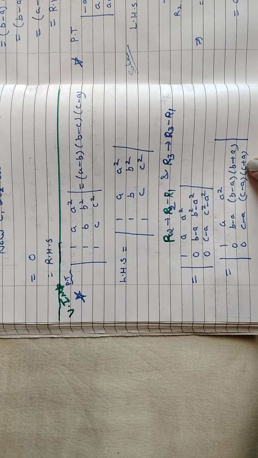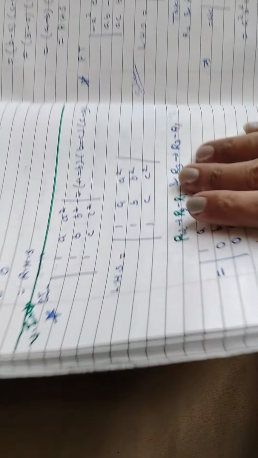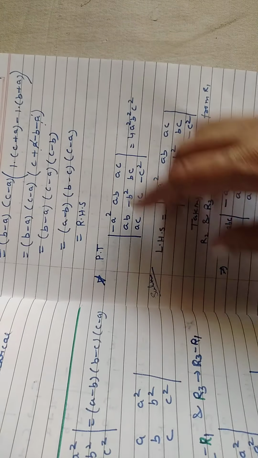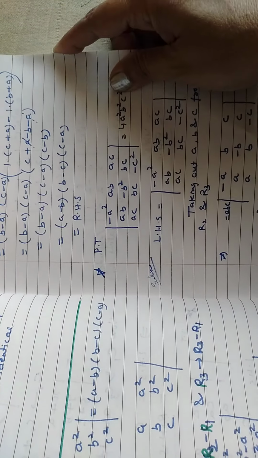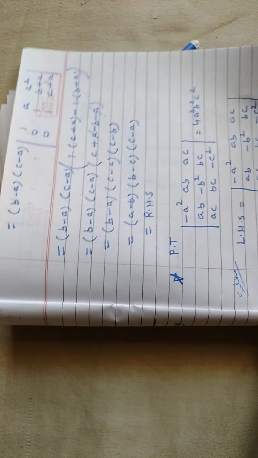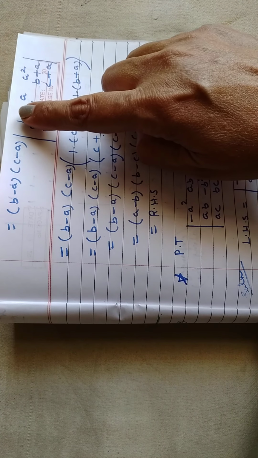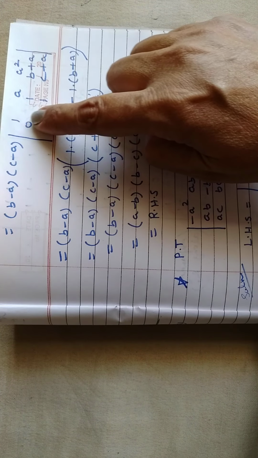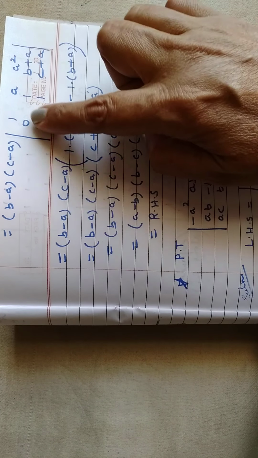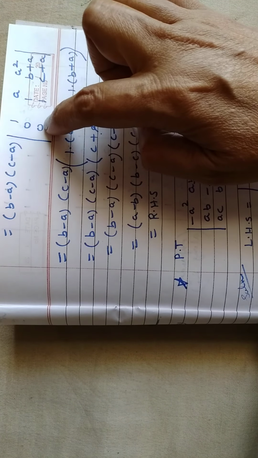Now see in R2 b minus a you may take out. Similarly from R3 you may take c minus a out. So taking out b minus a and c minus a, your determinant will be left with this, right? Now you can expand it along the first column. So expanding it along the first column, 1 will remain as it is, right?